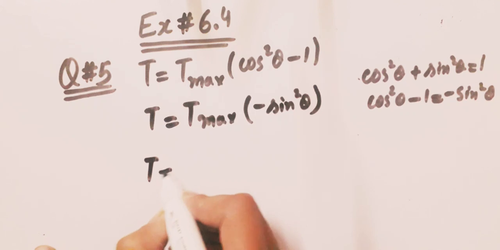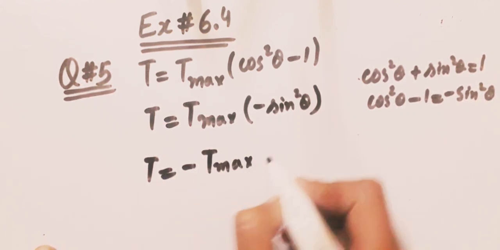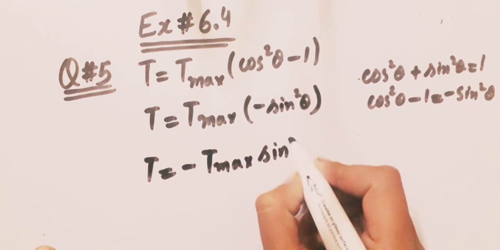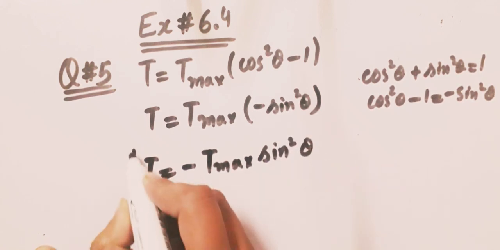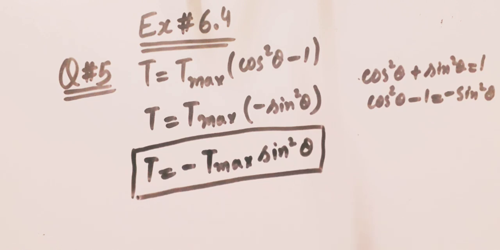So you will write t is equal to minus t maximum sine square theta. So this is the relation in terms of sine theta. Now we will solve question number 6.